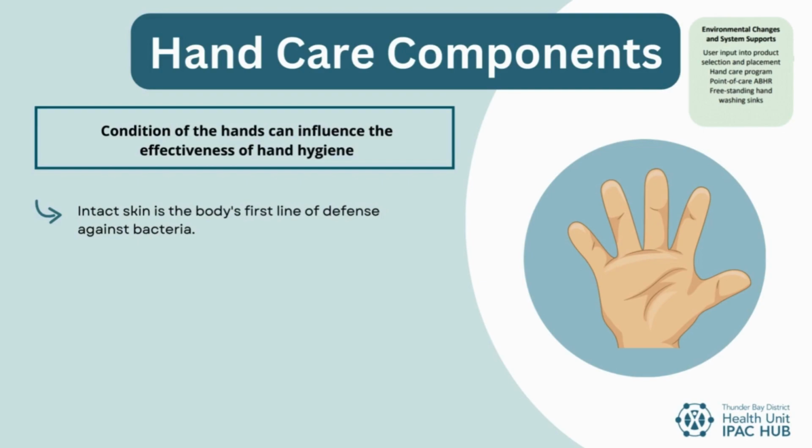The next component of a hand hygiene program that is important but often overlooked is hand care. The condition of the hands can influence the effectiveness of hand hygiene. Paying careful attention to hand care is an essential part of the hand hygiene program. Intact skin is the body's first line of defense against bacteria.